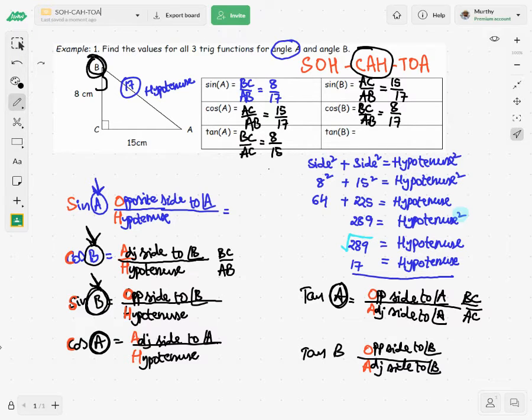Don't forget, this is the one which is next to the angle, that is the adjacent side. So AC over BC. The same thing I'm copying here and then plug in the values. AC is 15 units and BC is 8 units. That's it. This is how we find the trigonometric ratios.